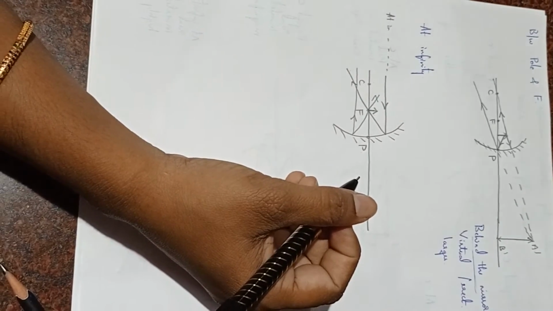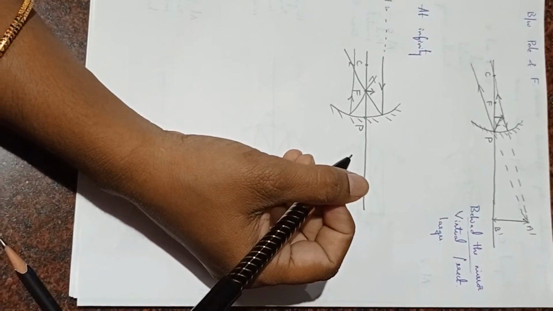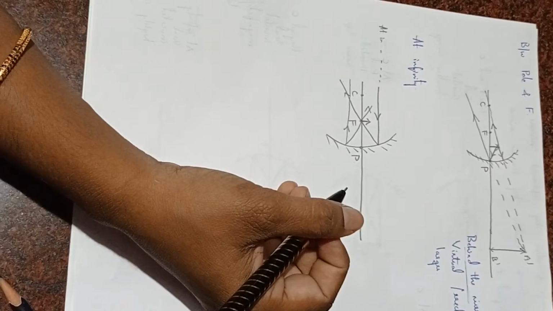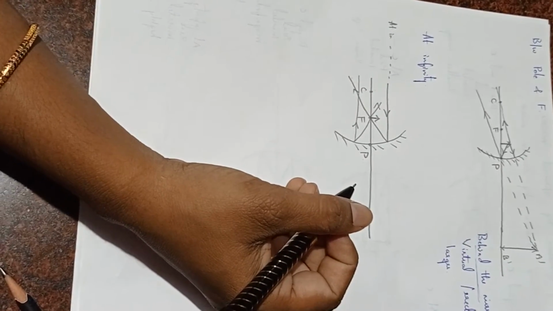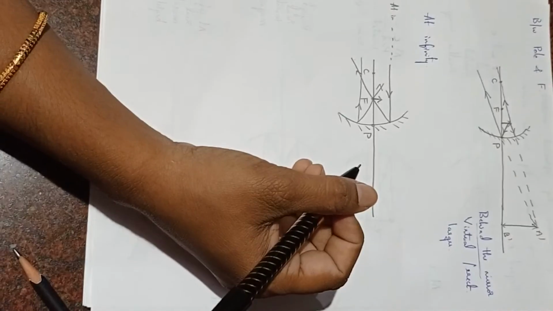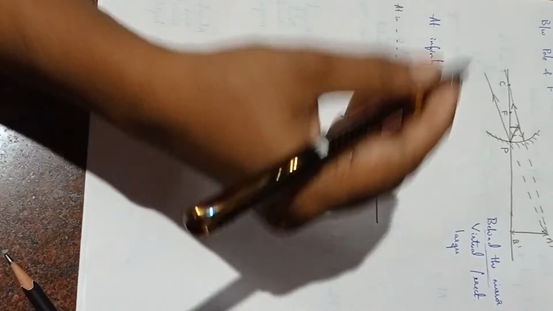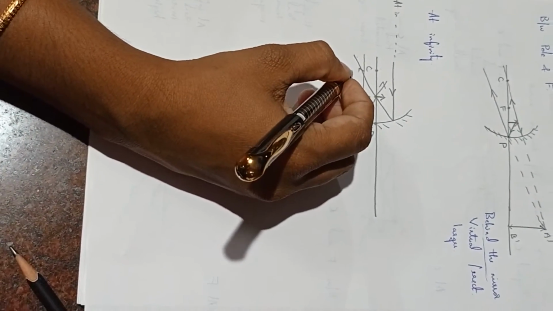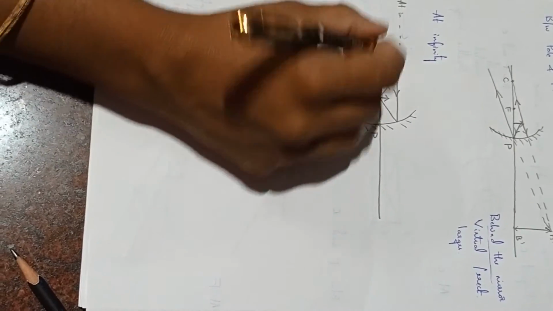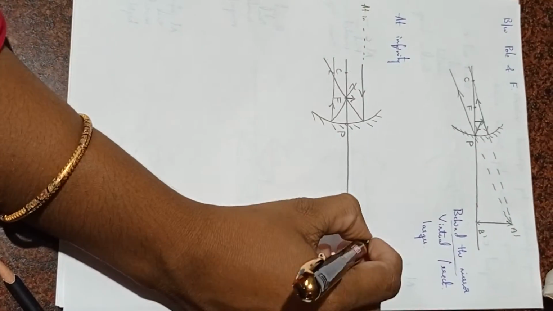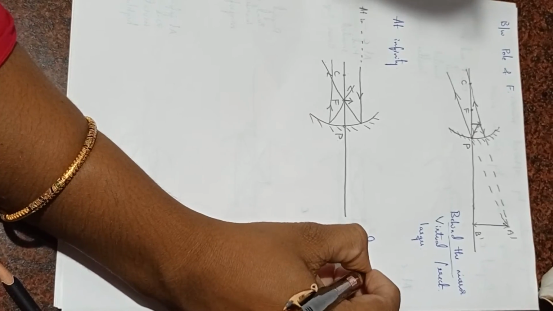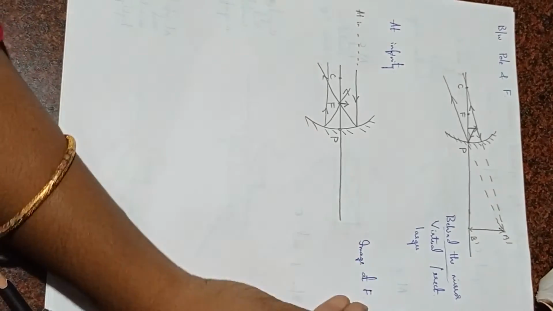Sunlight falls on that object, reflection takes place towards our eyes, and we are able to see the things. The same thing goes here. So in this case, the image is formed at focus.